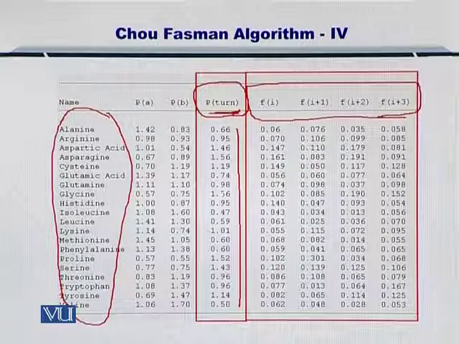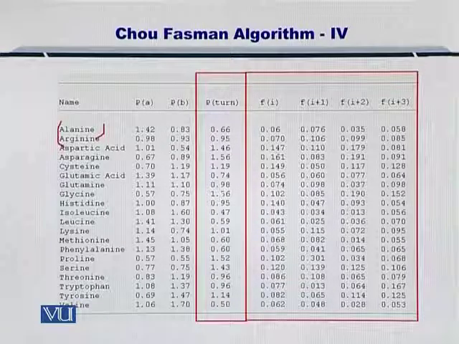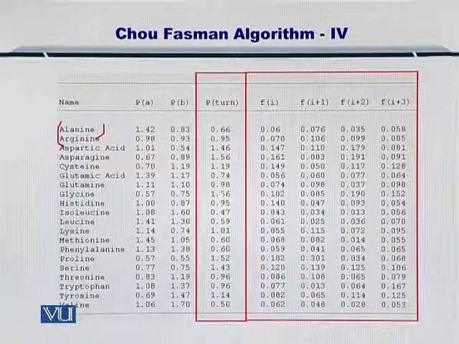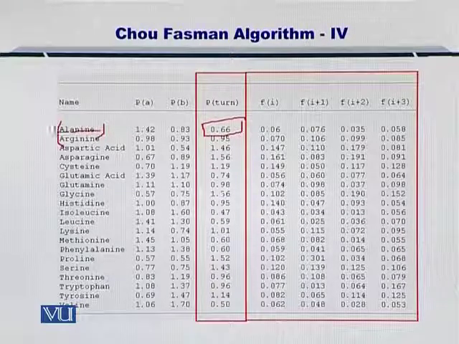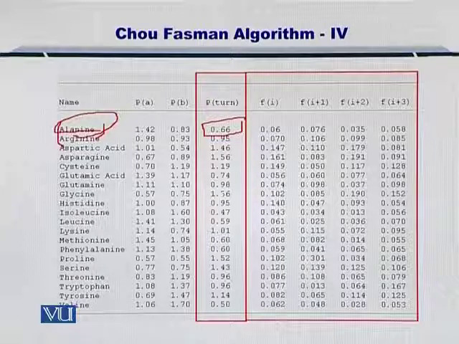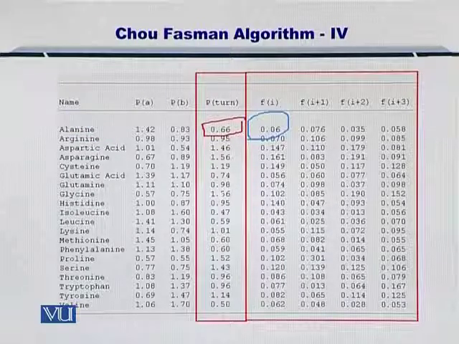So in order to read this table, I will talk about the first example, that is alanine here. The propensity for alanine to be in a turn is 0.66, and the propensity of alanine to be there in the first position after the turn is 0.06.